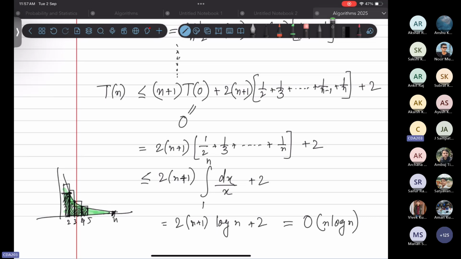Merge sort is always n log n, but quicksort, in the worst case, it could be n square also, but on an average, it's n log n. So if you want to sort some numbers, then which one would you like to use? Merge sort or quicksort? Merge sort is better. So yes, that's an obvious choice.